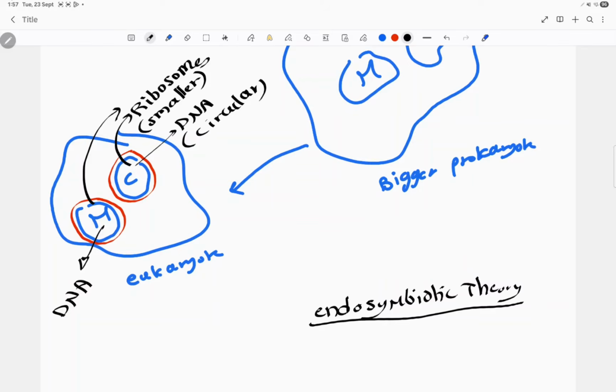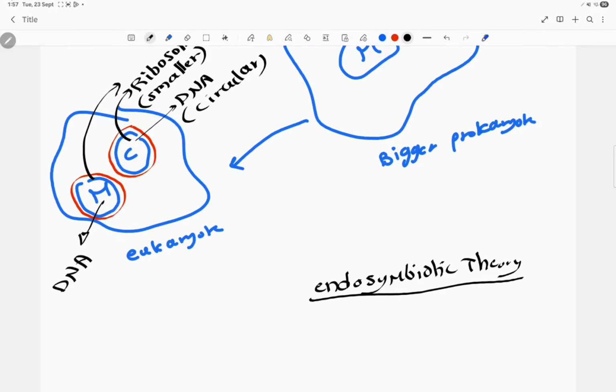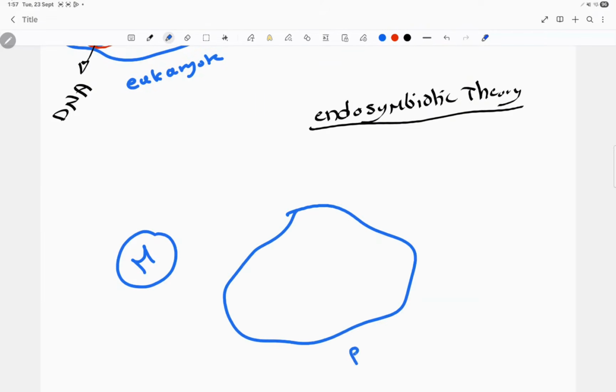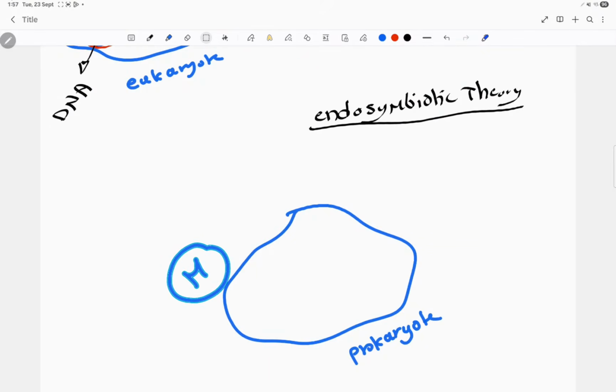Can you repeat the mitochondria? Yes. They each have their own. So look, that's a mitochondria, and that's the prokaryote. So far, before the engulfing occurred, the mitochondria has one membrane, correct? Now, as it gets engulfed, let's do this as red.